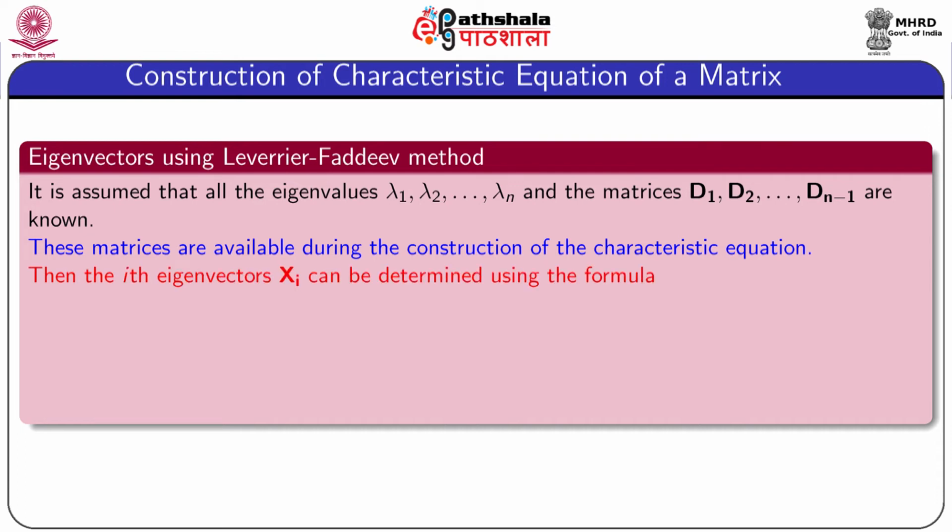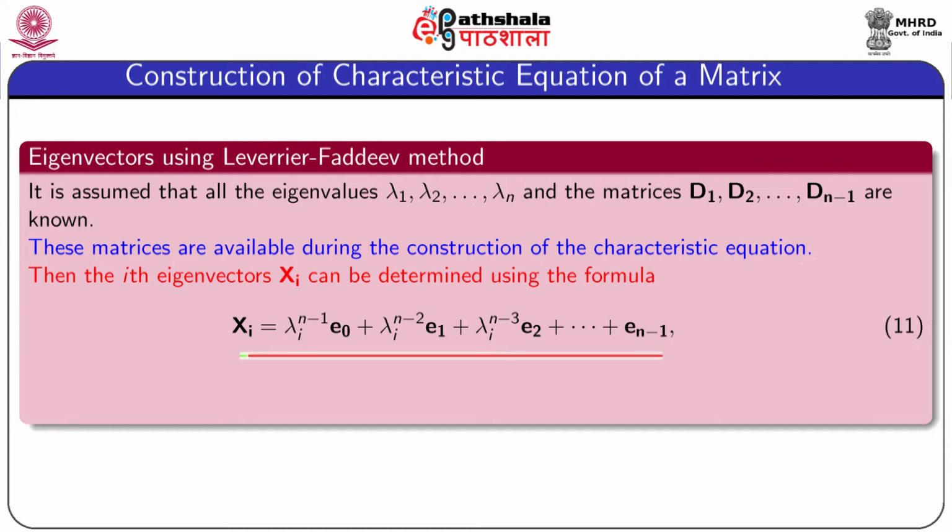Then the ith eigenvector xi can be determined using the following formula, given by equation number 11. The ith eigenvector xi equals lambda i to the power n minus 1, where lambda i is the ith eigenvalue of the matrix A, into E0, where E0 is the unit vector, plus lambda i to the power n minus 2 into E1, plus lambda i to the power n minus 3 into E2, plus dot dot dot plus E(n-1), where E0, E1, E2 up to E(n-1) are the vectors defined as follows.